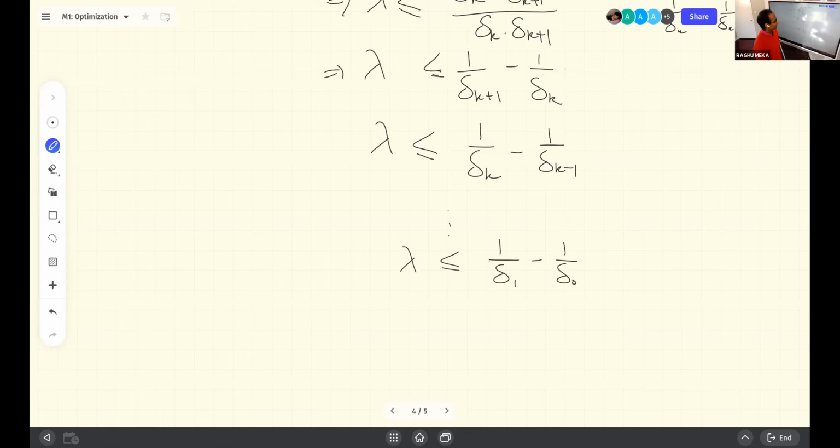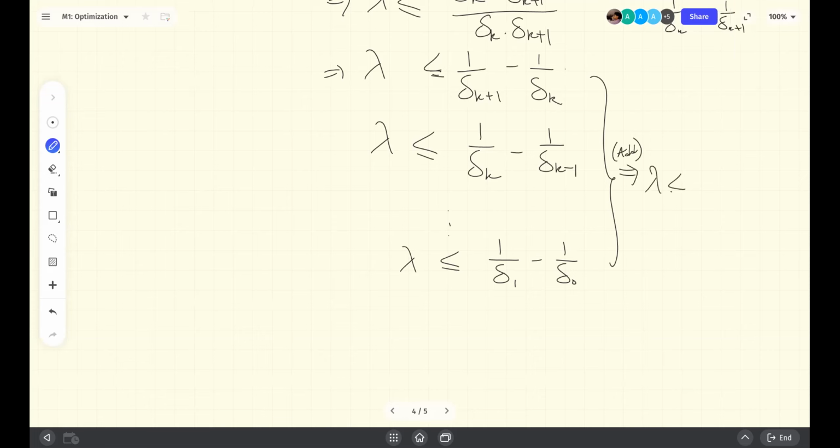Right? So how can I use these inequalities together? What should I do with them? You can sum them. Just add them, right? So when you add them, we get something very nice.